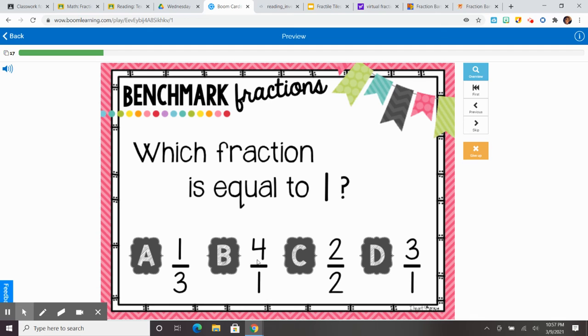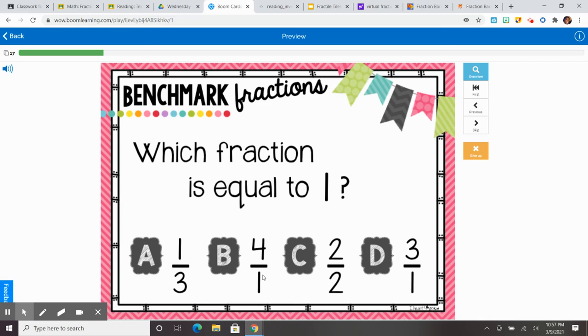All right, here I have a 4 and a 1. The 4 is the numerator and the 1 is the denominator. If it looks like this, that means 4 divided by 1. What is 4 divided by 1? 1 times what number gives me 4? It is 4. So this is 4 wholes. If the numerator is larger than the denominator, that means it's called an improper fraction. And improper fractions are greater than 1 whole.